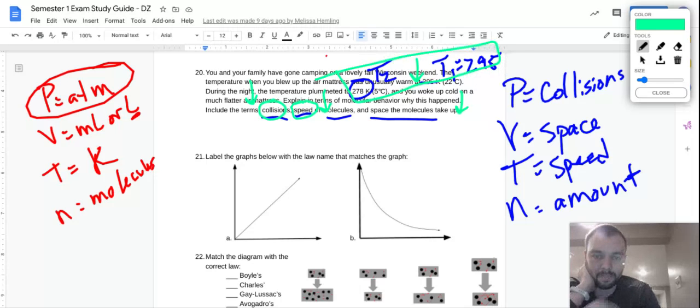Okay, so we'll say, as the temp decreases. All right, I'll have to abbreviate a little bit here since I'm not typing.